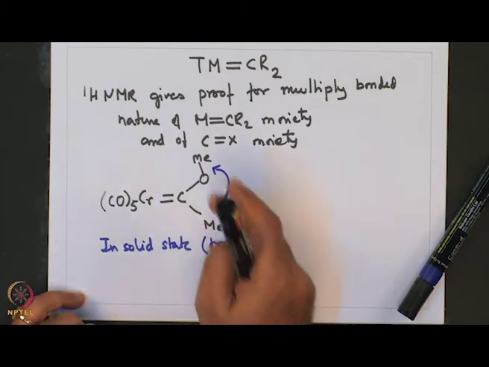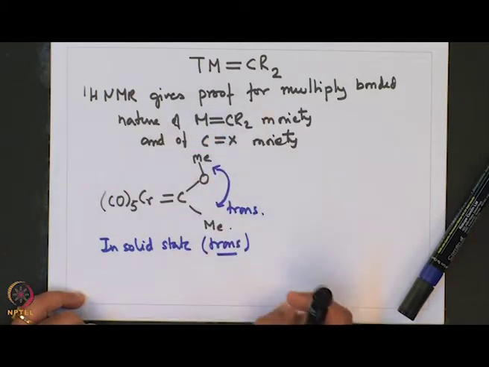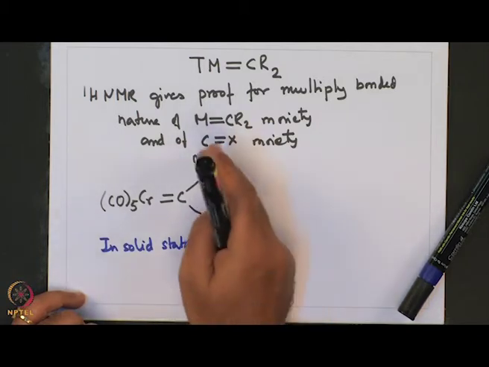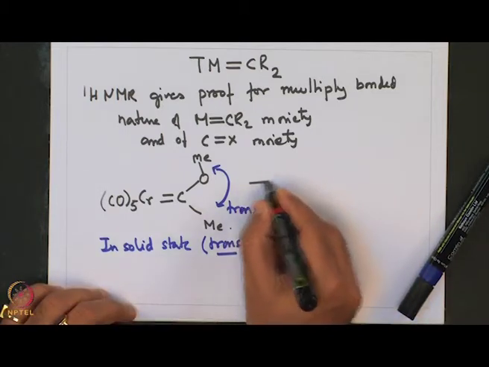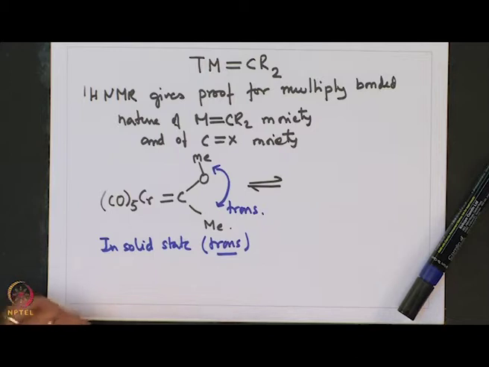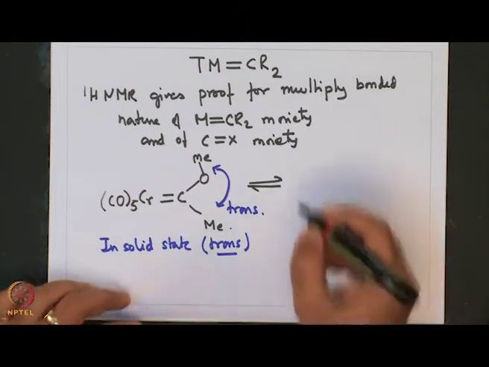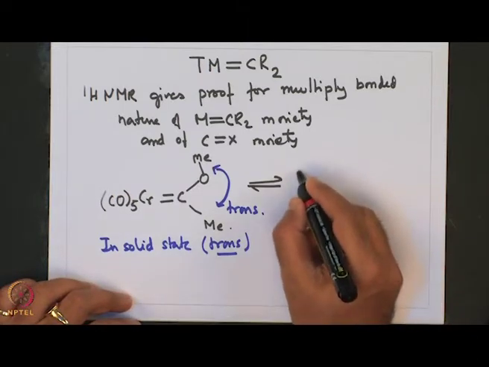One is methyl, another is OMe, and for OMe there is only a single resonance in the trans form, whereas in solution, this compound exists in both the cis and the trans form, and that equilibrium can be given as this.